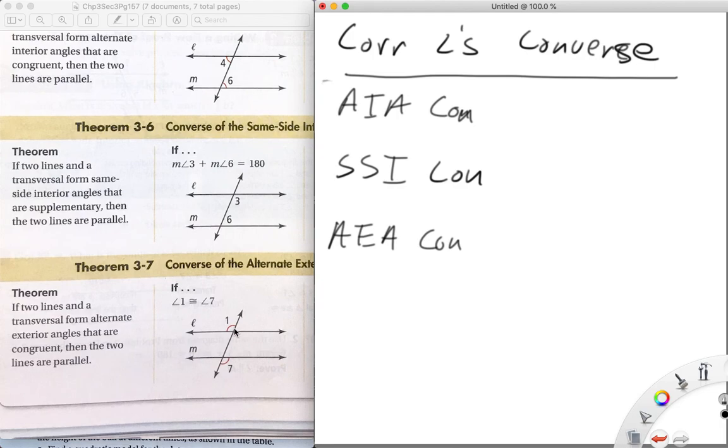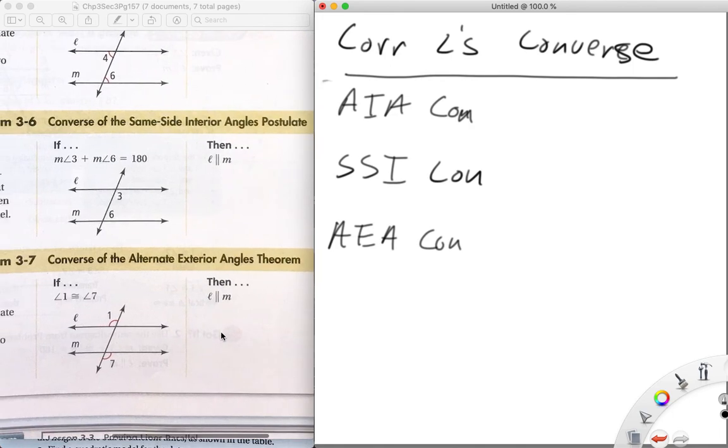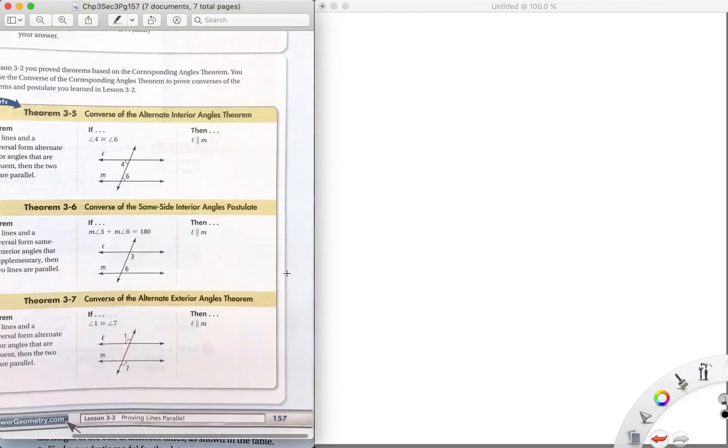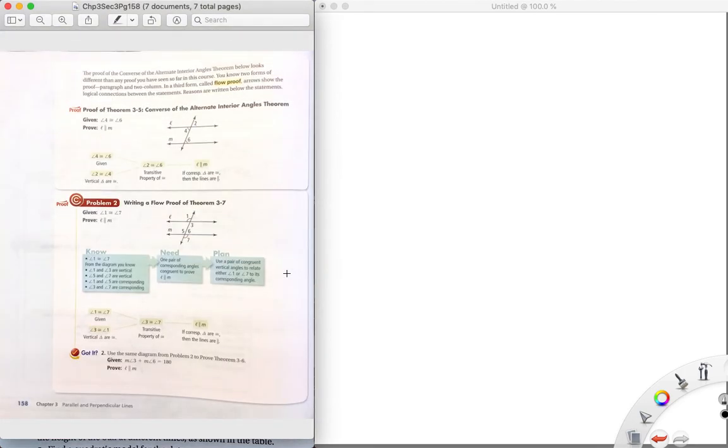I have a transversal cutting across these two lines, and I know that 1 and 7 are congruent. If that's the case, then the two lines must be parallel. Every single one of the converses, theorems, and postulates ends with the two lines being parallel because they are the opposite, or the converse, of the conditional. Flow proof.